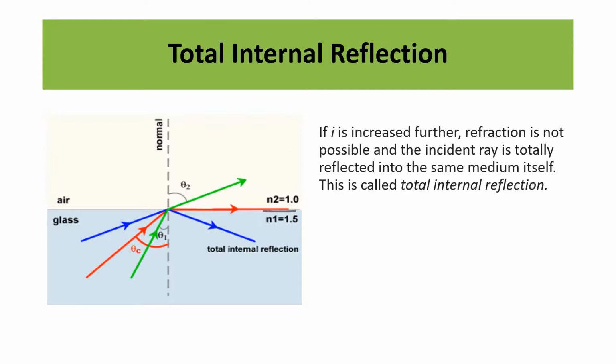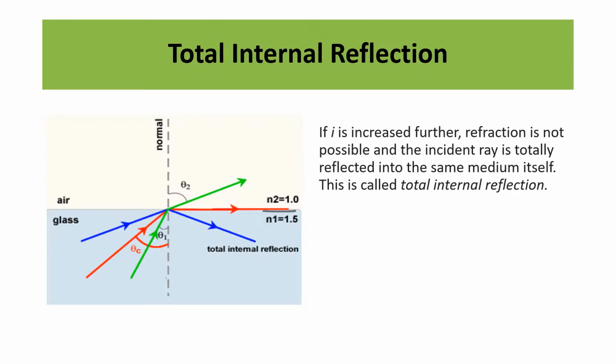But if you increase the angle of incidence greater than this critical angle, what happens? In that case, instead of refraction, the entire ray is reflected back to the same medium. This is the reflected ray and this is known as total internal reflection.